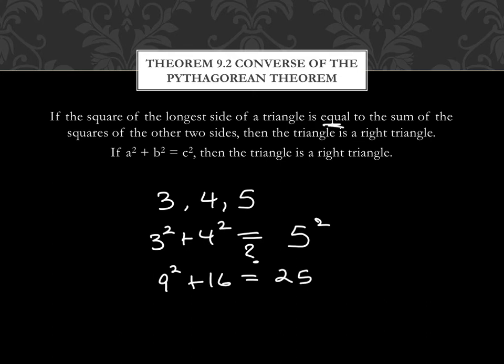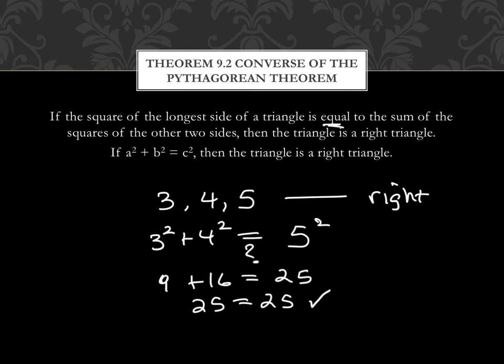But when I actually square them and add them, I get 9 plus 16, which is 25, which equals 5 squared, which is 25. So I would say, yes, this does form a right triangle. So this is how you can use the converse, by plugging in the numbers they give you to determine what type of triangle you have. That's Theorem 9-2. Again, we don't memorize the numbers, just what it says.